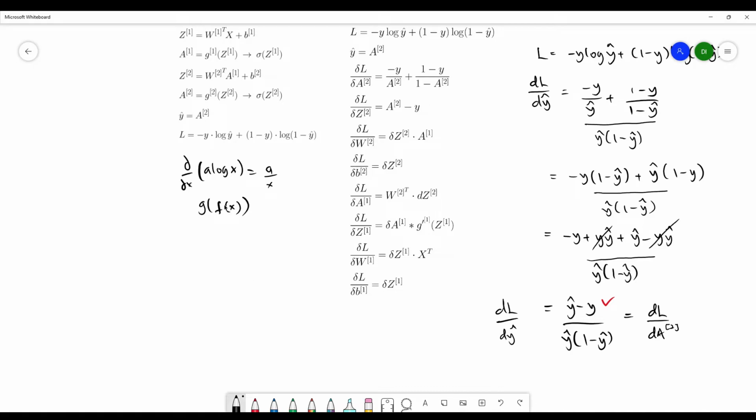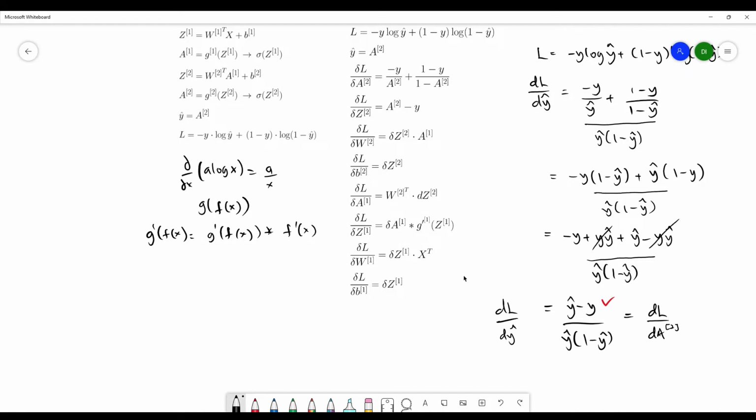The derivative of this really is worked out to be, according to chain rule, g prime of f of x multiplied by f prime of x. And it's really the derivative of the outside function multiplied by the derivative of the inside function, right?